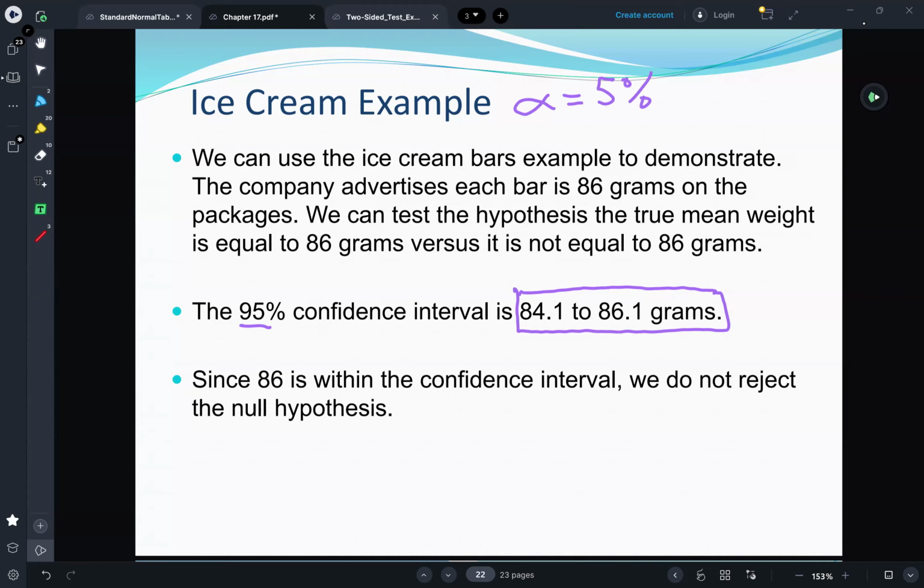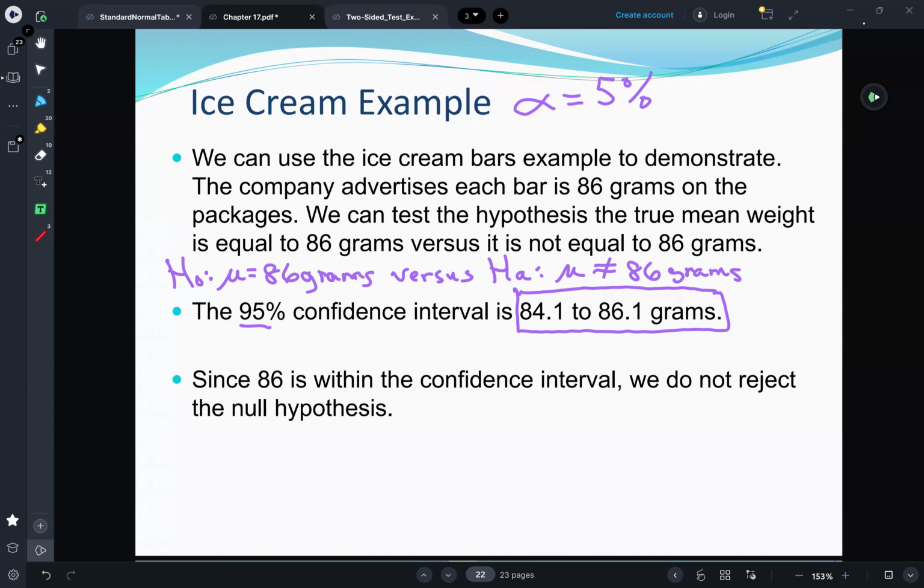So if the hypothesis test is a two-sided test, we can use this method, right? So we want to check if the null hypothesis mu is equal to 86 grams, sort of how we started this chapter with the first plot, the first picture we looked at, versus the alternative hypothesis, which was does not equal 86 grams.